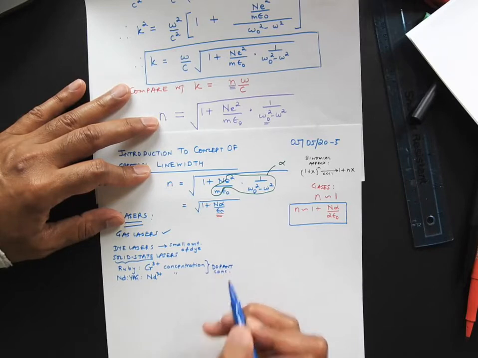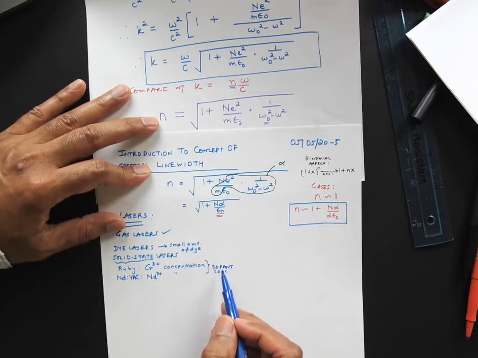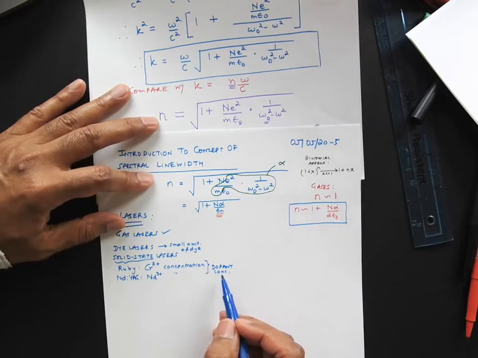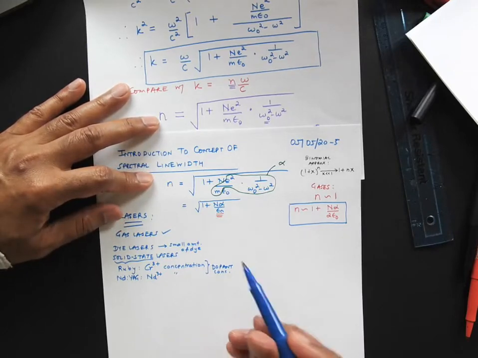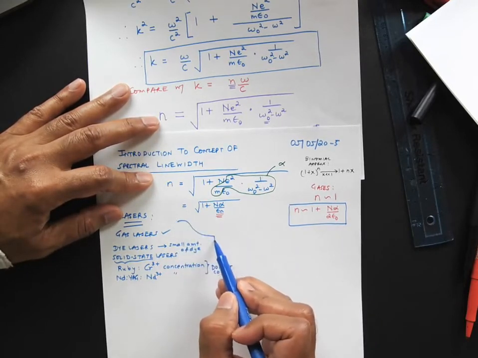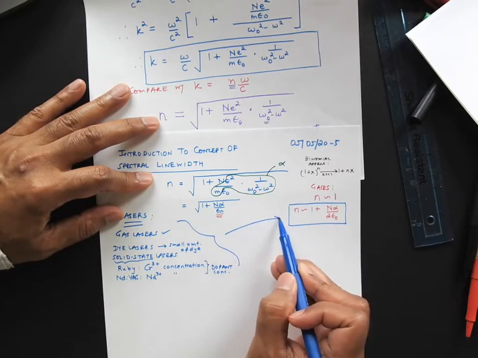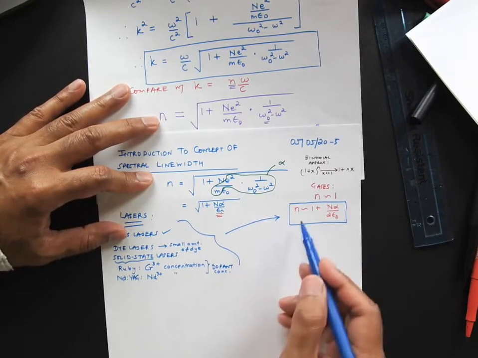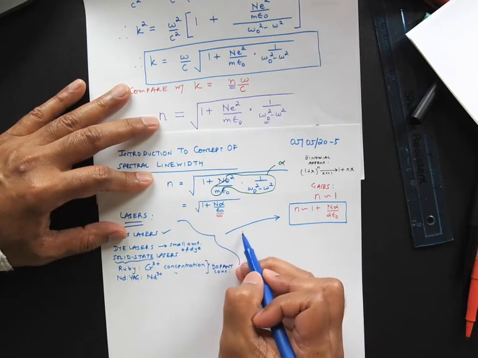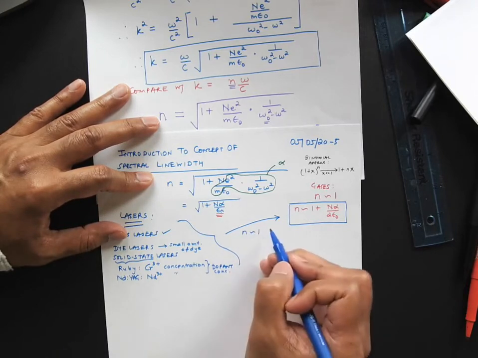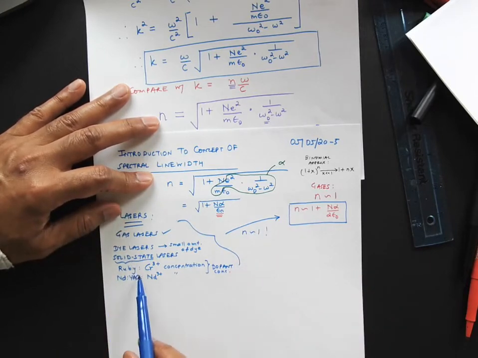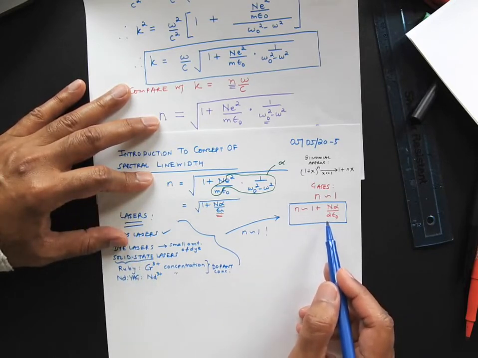And we have already seen that the dopant concentration is less than, or about the density of, air. So actually, for lasers, this approximation works. The refractive index is indeed about 1, surprisingly, for dye lasers, solid state lasers, for all these lasers. So you can use this approximation.